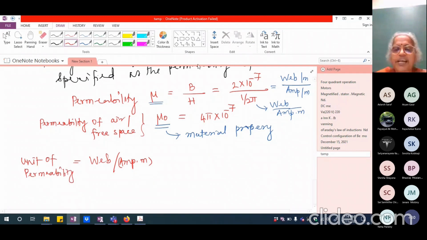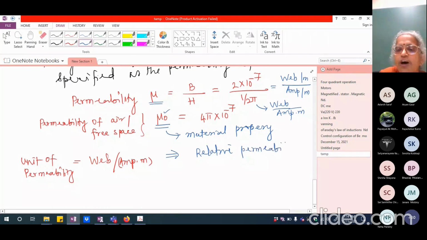So the permeability is basically a material property. Generally, we will always try to compare the permeability of any material with that of mu naught. So we always write something as relative permeability, which compares the permeability of a magnetic material, for example iron. So mu R of iron is going to be the ratio of mu of iron divided by mu naught.